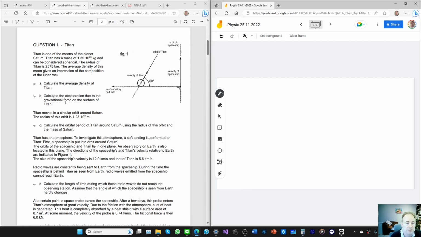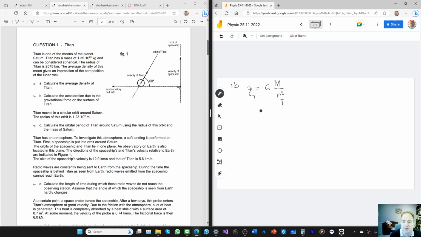Calculate the acceleration due to the gravitational force on the surface of Titan. Well, there's basically an equation for that you can use immediately. Say g on the surface of Titan is just the gravitational constant times the mass of Titan divided by the radius of Titan squared.